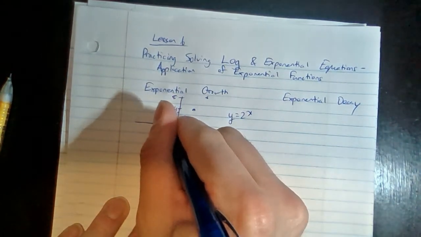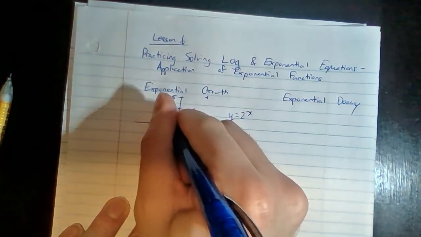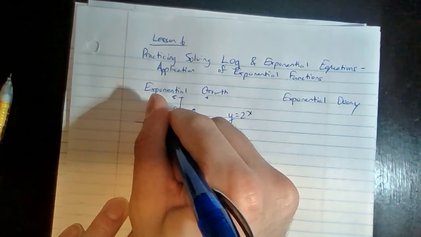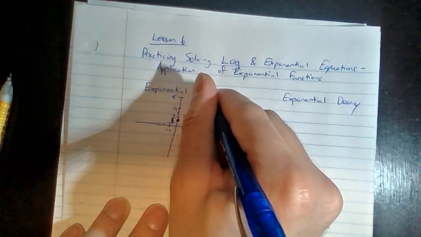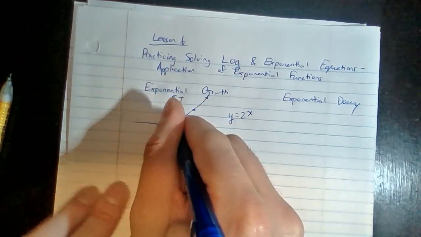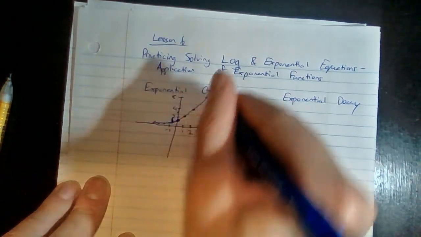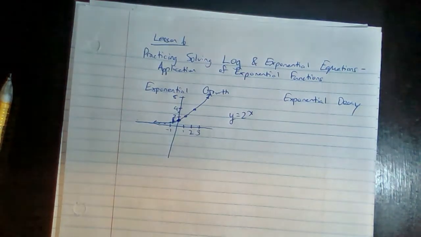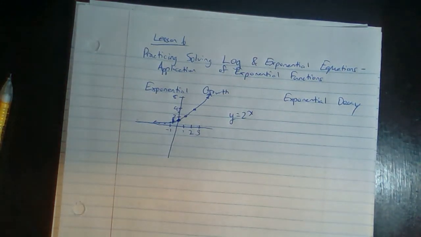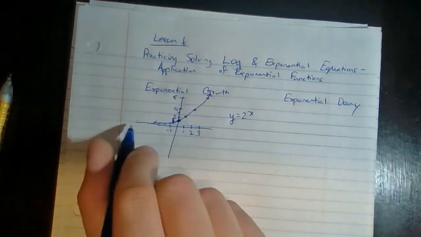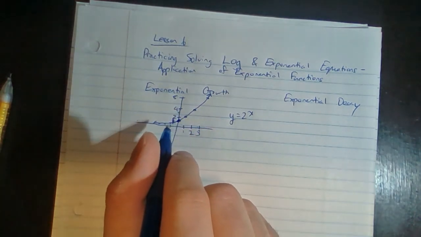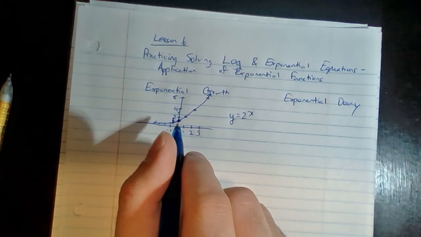And then negative 1, we're at a half, a quarter, an eighth, and so on that way. So we get a horizontal asymptote going to the left, getting closer and closer to 0 as x becomes closer to negative infinity.